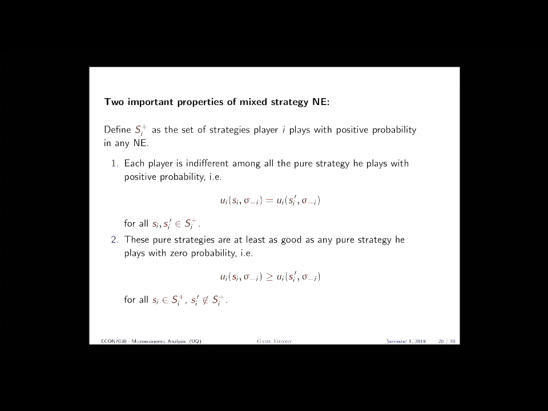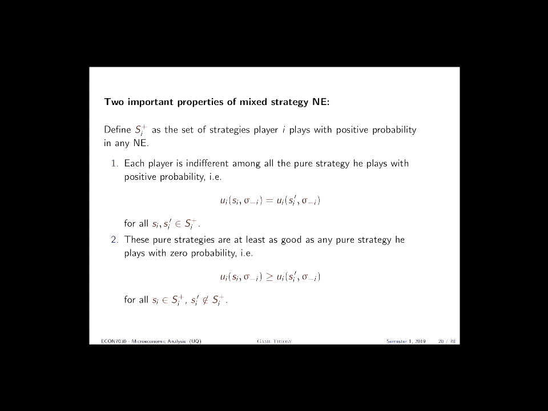Okay, so in pure strategy equilibrium, we simply have one strategy with positive probability and all others are 0. But here we have a much more general definition saying that S_i plus is the set of strategies of a player that gives a positive probability to them. And in most cases, we have S_i plus including all the strategies.